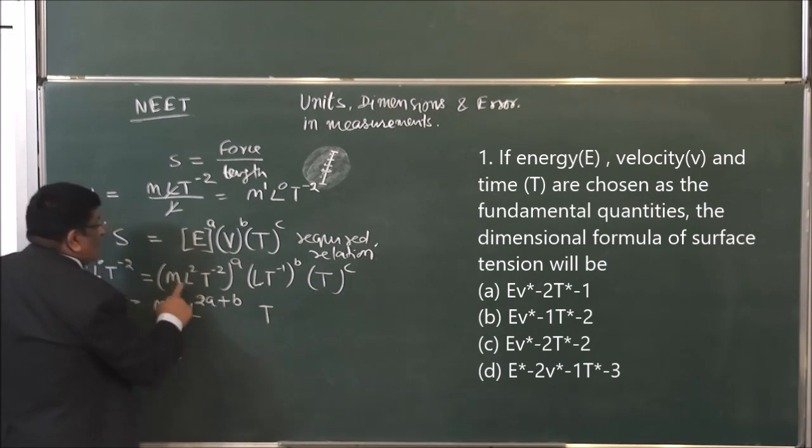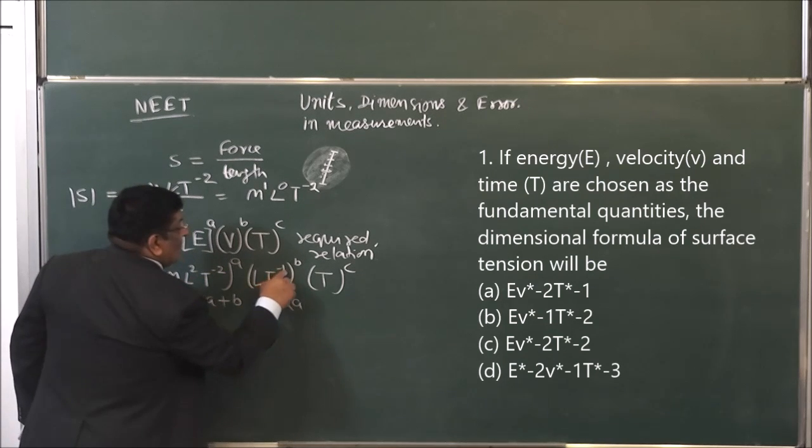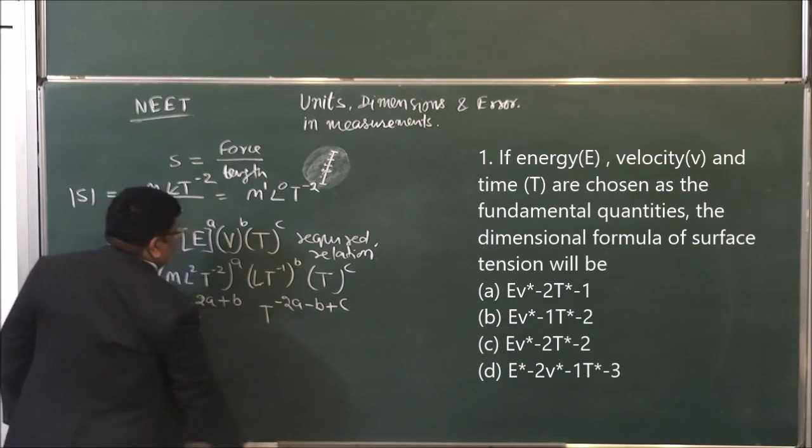Then T to the power minus 2 into A minus 1 into B plus C.